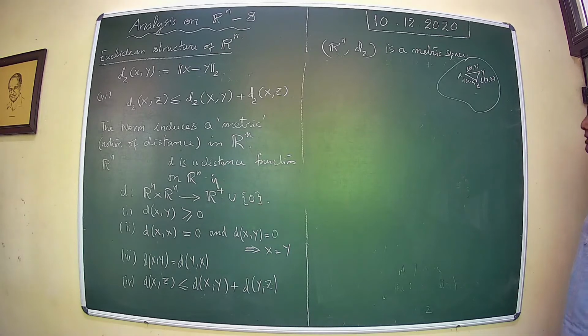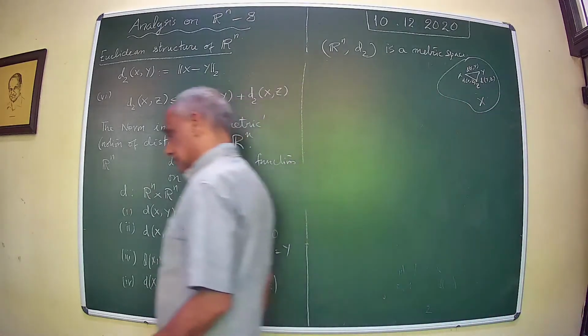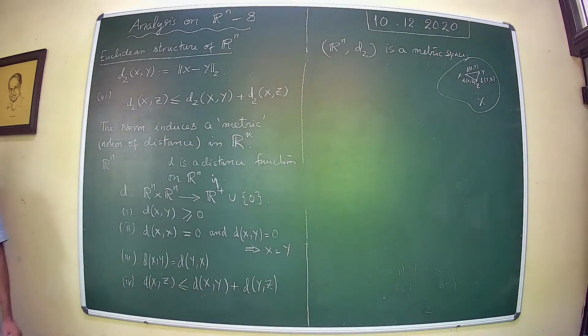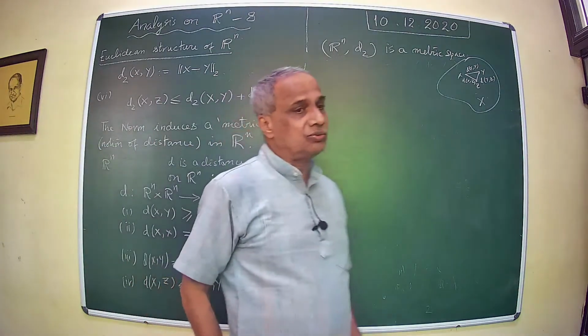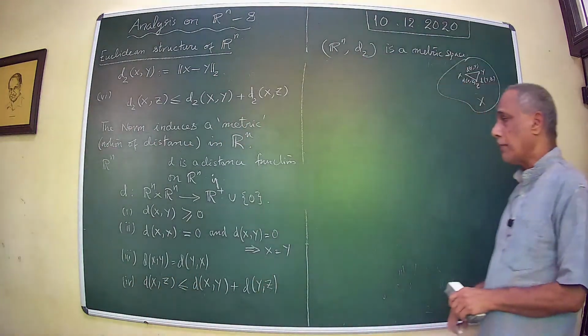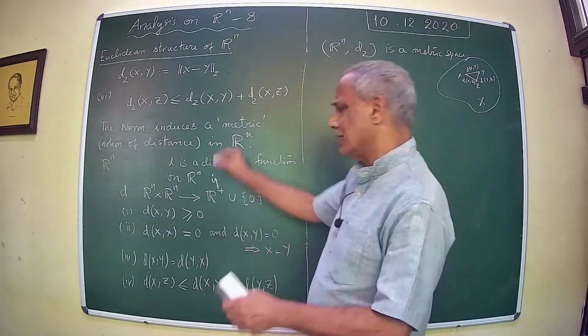In a metric space, all that you need is, if X is a set of objects, and then you define a map from X cross X to R plus union 0, satisfying these properties, then it's a metric space.